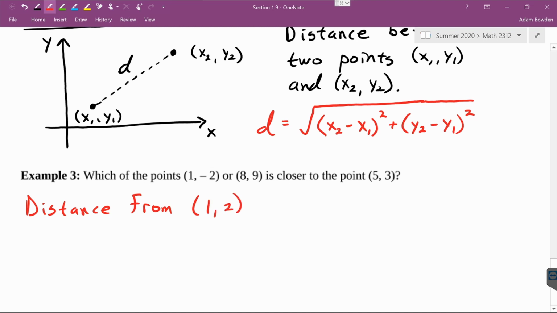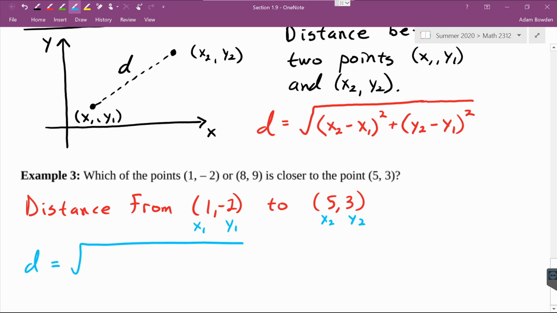So let's start out here by finding the distance from (1, -2) to (5, 3) using our distance formula. So this will be our x1, our y1, our x2, and our y2. And the distance formula would go the square root of 5 minus 1 all squared plus 3 minus negative 2 all squared.